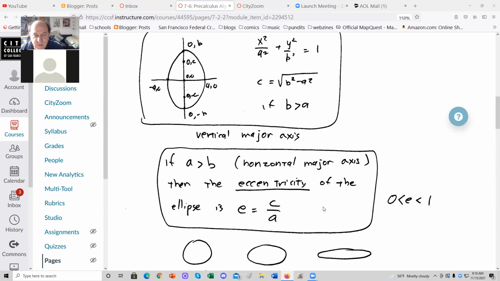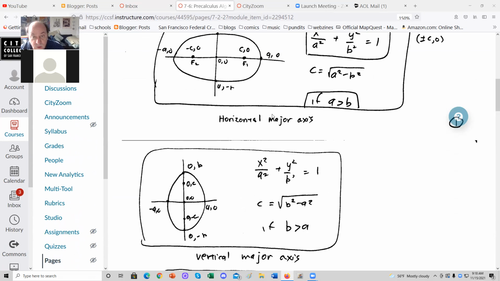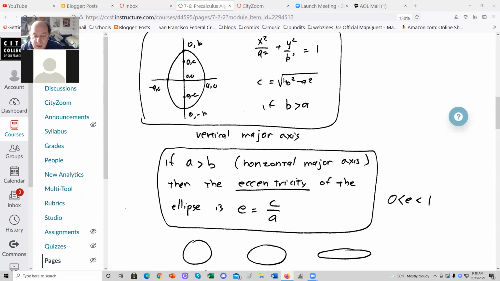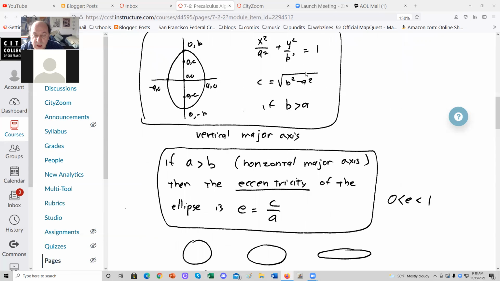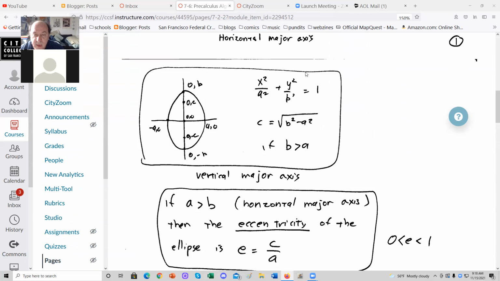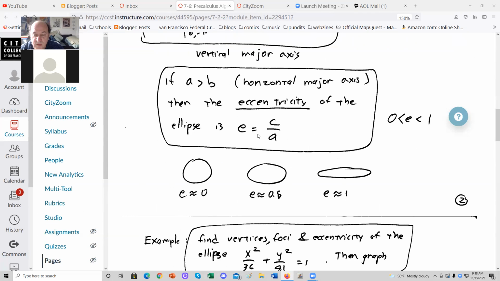Now, if we take the eccentricity, if a is bigger than b, so the horizontal major axis, then the ratio of c to a is called the eccentricity. The eccentricity is c divided by a.